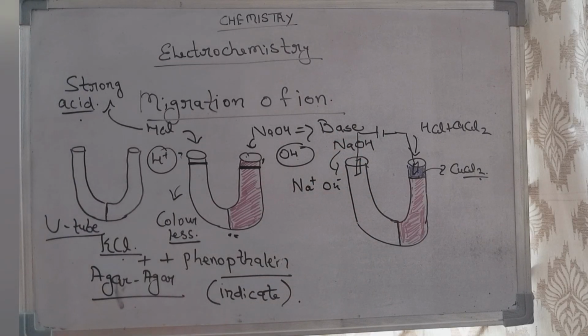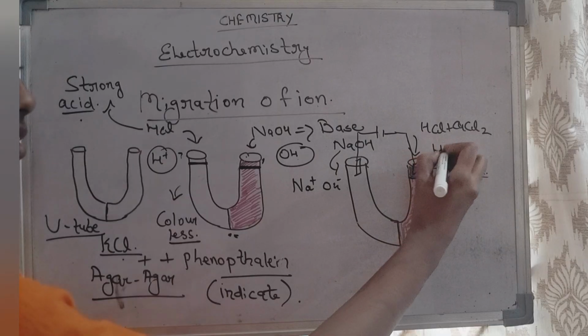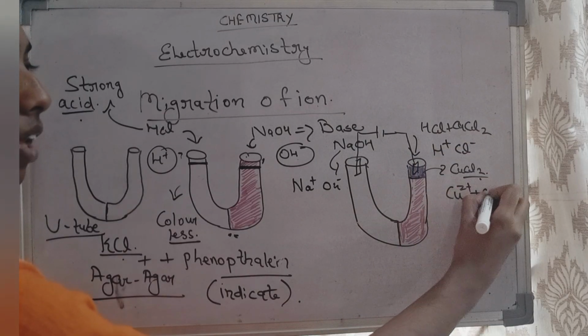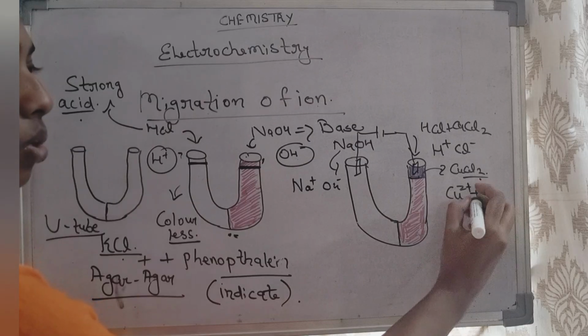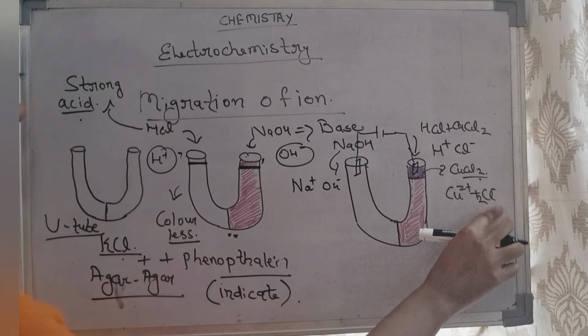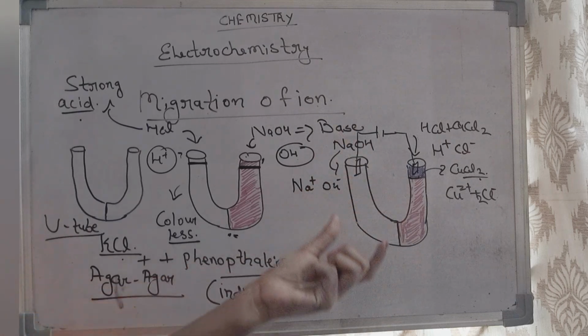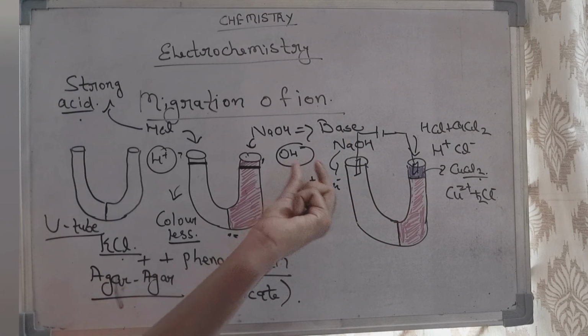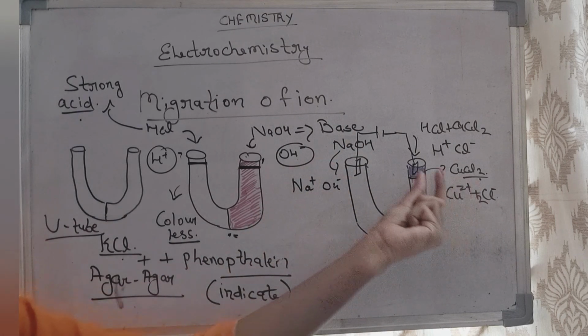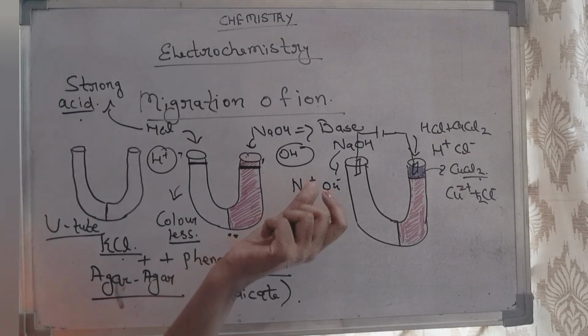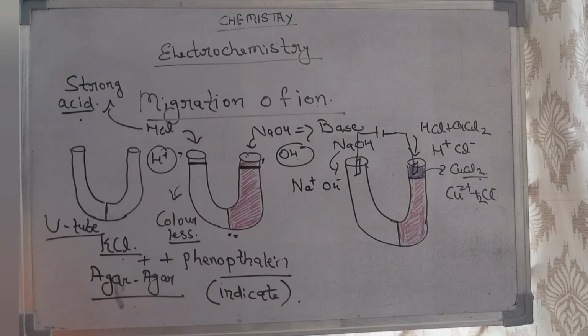And in this particular case, H positive and Cl negative, as well as Cu2 positive and 2Cl negative are there. So there are a total of 3 ions: Na positive, OH negative; Cu2 positive; and H positive, Cl negative.